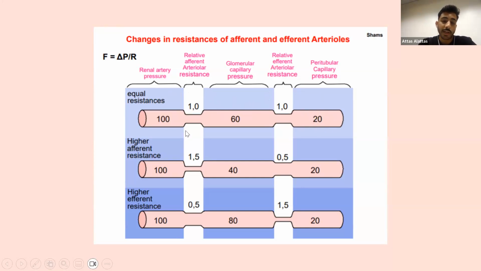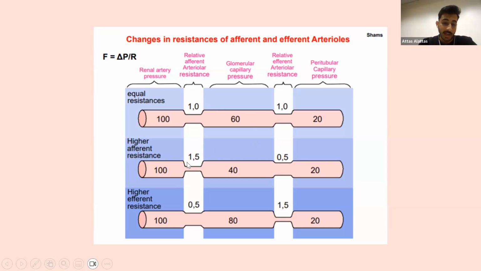Okay, let's move on and let's increase one and decrease the other. So if we increase the efferent by 0.5, and we decrease the afferent by 0.5 also, the total resistance is still equal. You have 1.5 plus 0.5, it's still 2, and here 1 plus 1, it's still 2.